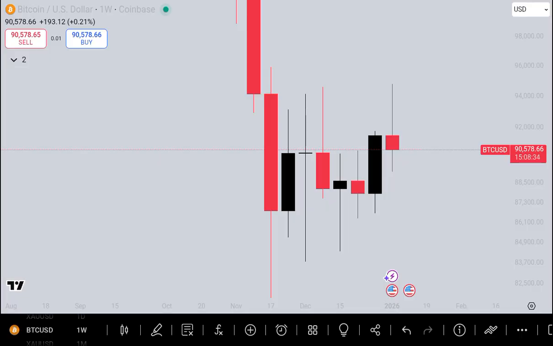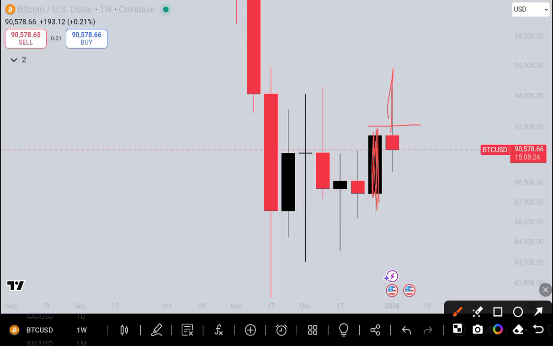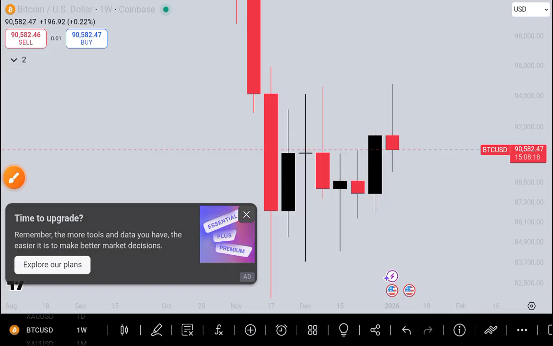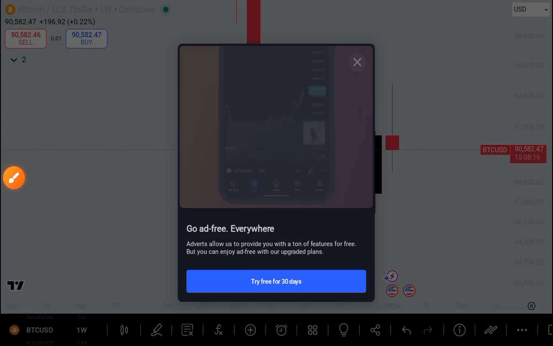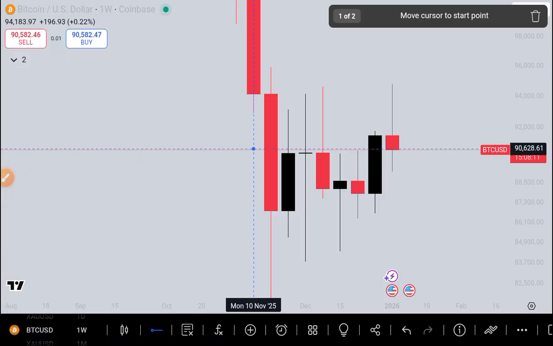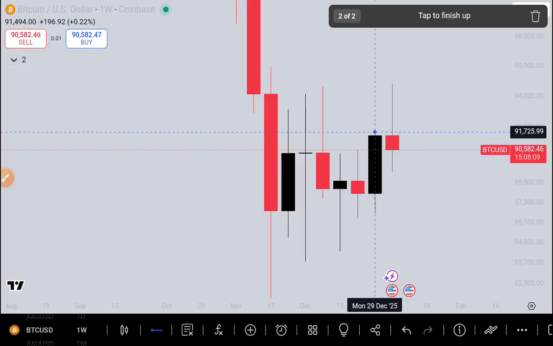Now the previous week, which was this, had a high which was mitigated. Remember that every candle is a range, so I'm just going to use horizontal lines here to mark this.